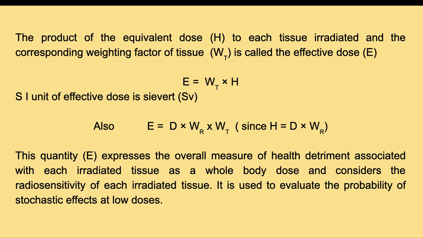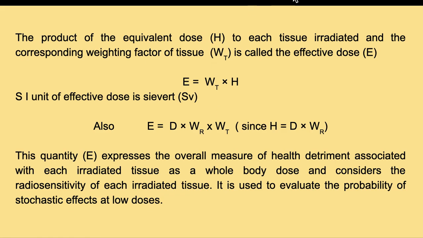And the effective dose: the action on the biological system depends on the type of tissues, etc. That is why you have introduced one more term known as the weighting factor of tissue.